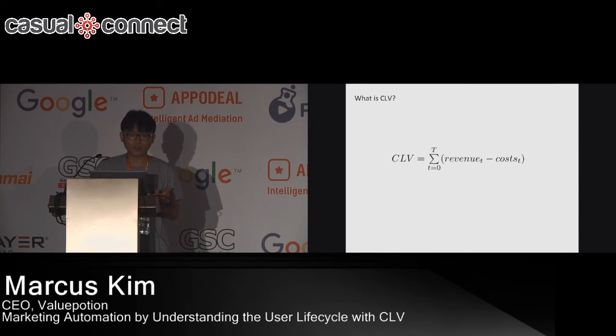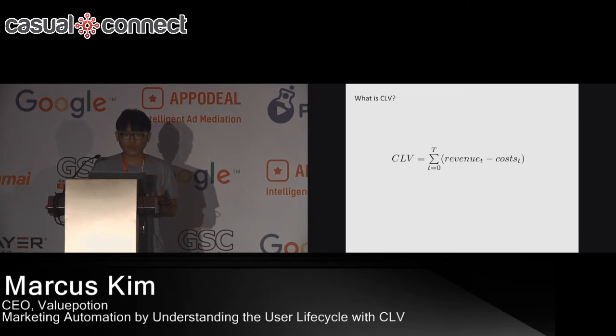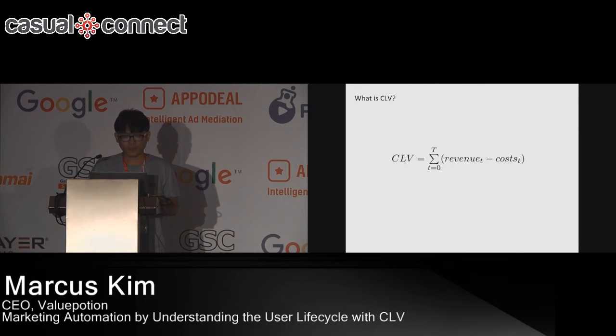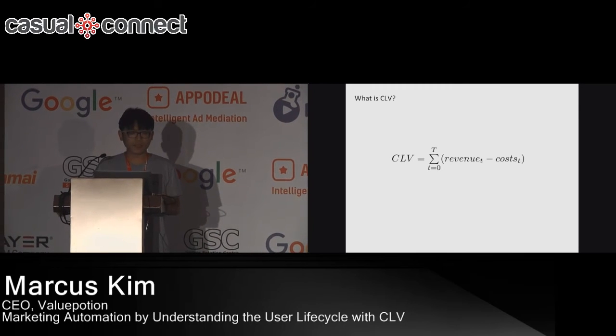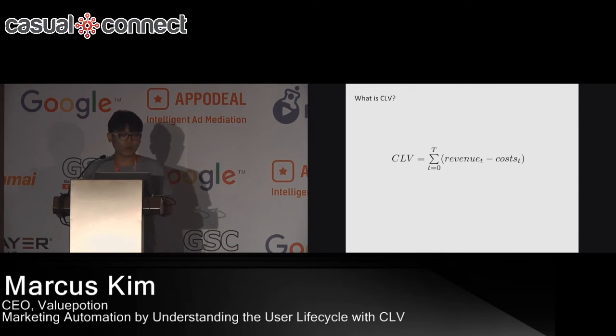Value means the sum of monetary profit acquired from users' usage and in-app purchases. So this is the equation for customer lifetime value, and this session will only talk about customer lifetime value from a revenue perspective.